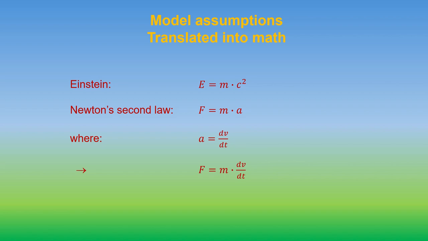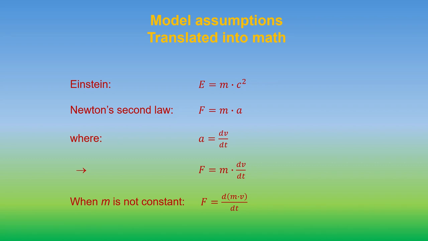The second law becomes F equals m times dv over dt. But this is only true when m is constant. If m is not constant, then the force is the change of m times v per unit time. F equals d(mv) over dt.